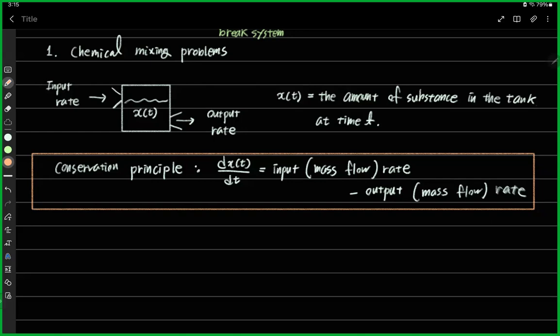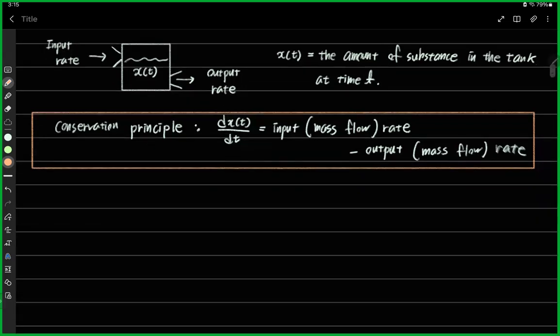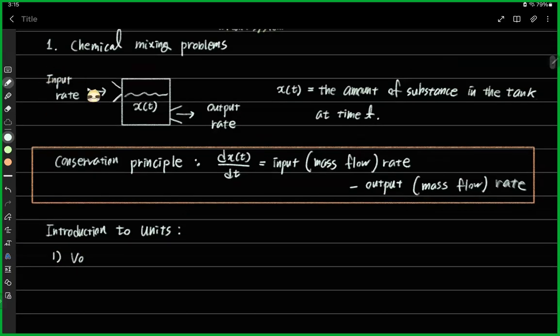So to build up the differential equation from the conservation principle, I'm gonna introduce the units first. Introduction to units. First one, volume. A certain amount of liquid comes in.